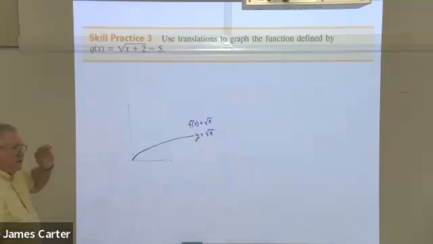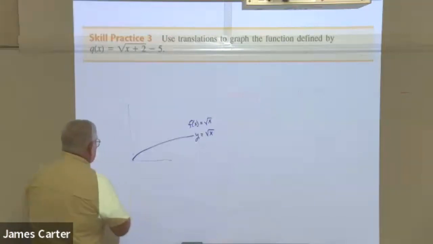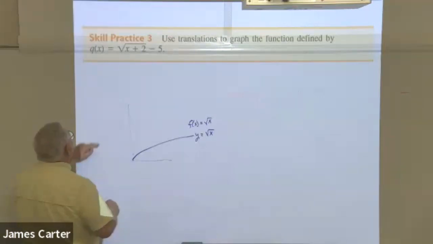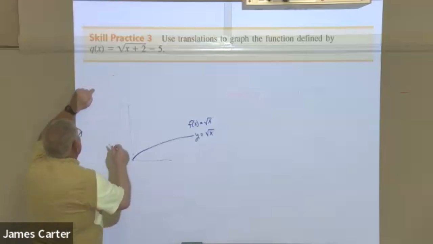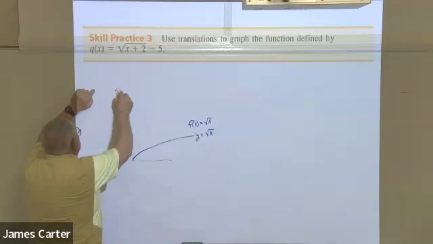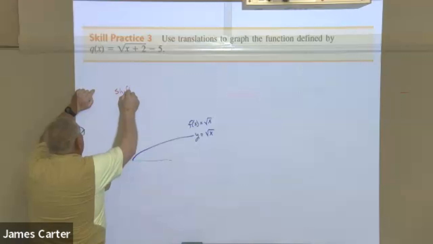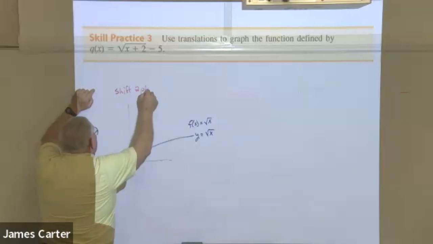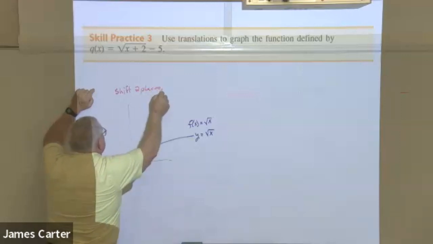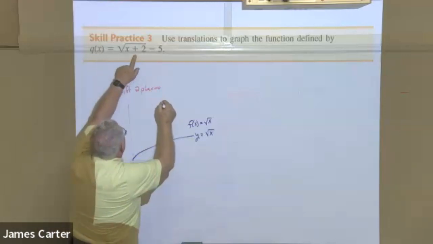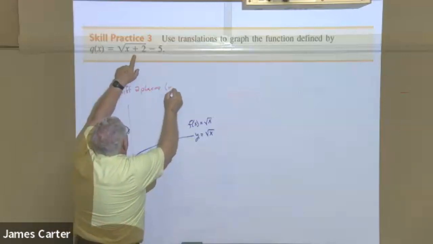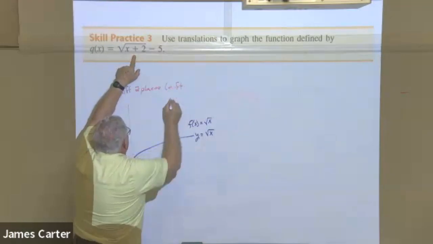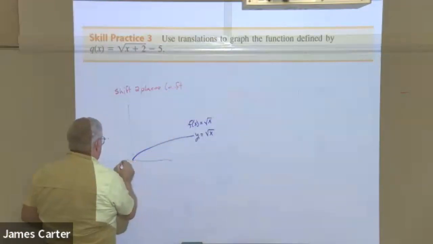Okay, there's the basic. So, step by step, first thing we're going to do is we're going to shift 2 places or spaces to the left, opposite of sign. So this one's going to come over here.